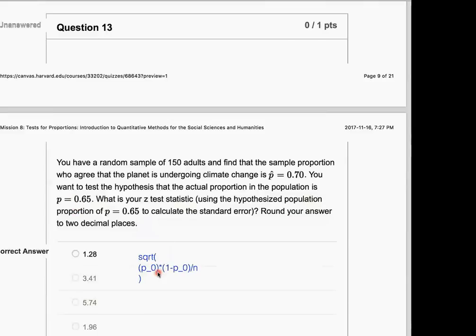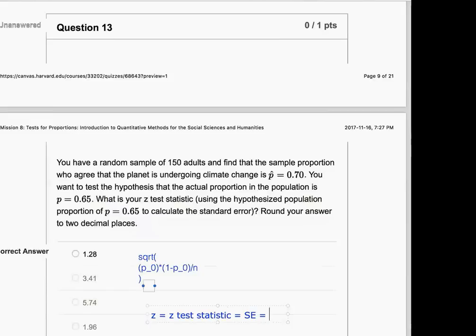We take that and divide it by a sample size of 150, and then we get our standard error. Keep in mind, the z-test statistic... is another way of expressing the standard error.